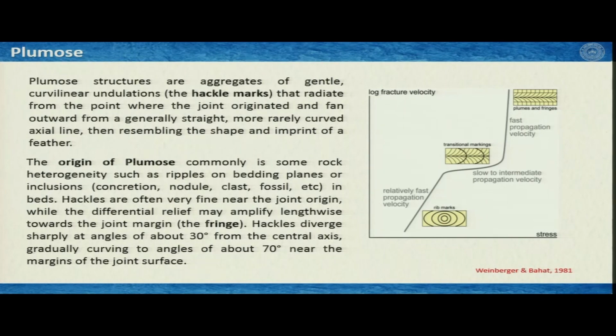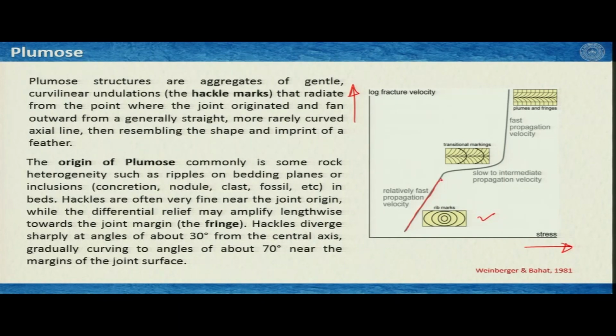Now these plumose marks and the rib marks are also important in correlating the stress versus the fracture velocity. So I have the stress axis on this side and fracture velocity in log scale on this side. At low stress, if the propagation velocity is relatively fast, then we see these radiating rib marks, but we hardly see any plumose marks, as represented here with this illustration.